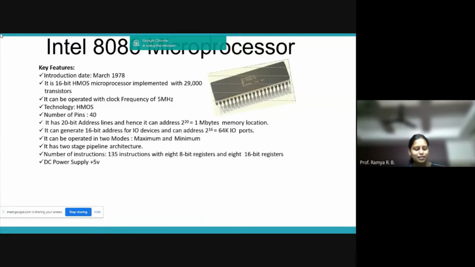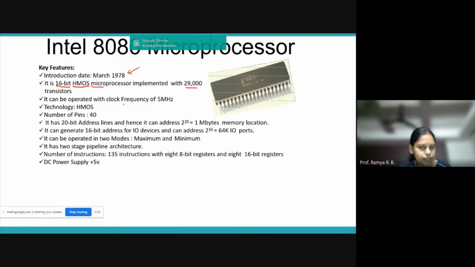You don't have to memorize the date, but that is the approximate time it was introduced. 8086 is a 16-bit microprocessor implemented using HMOS, high density metal oxide semiconductor technology, one of the technologies using which microprocessors are manufactured. It is implemented with 29,000 transistors.